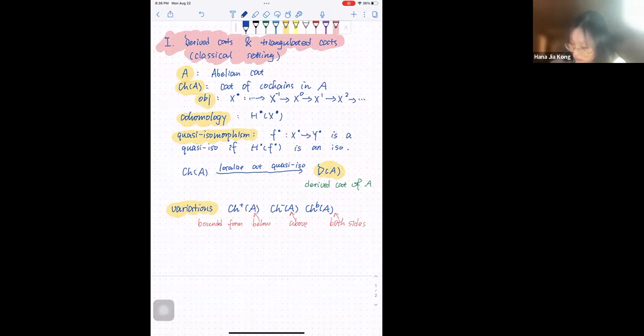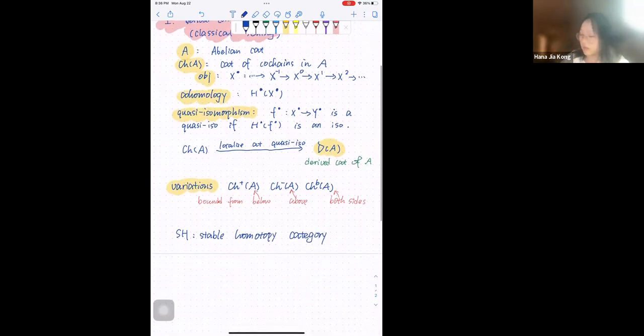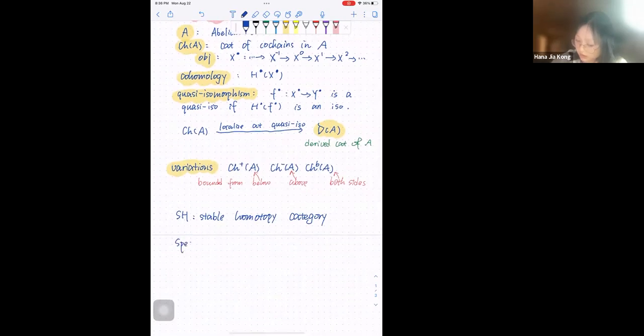So let me write that down here. The stable homotopy category: we start with the category of spectra, and then we localize at stable weak equivalences, and we arrive at the stable homotopy category.